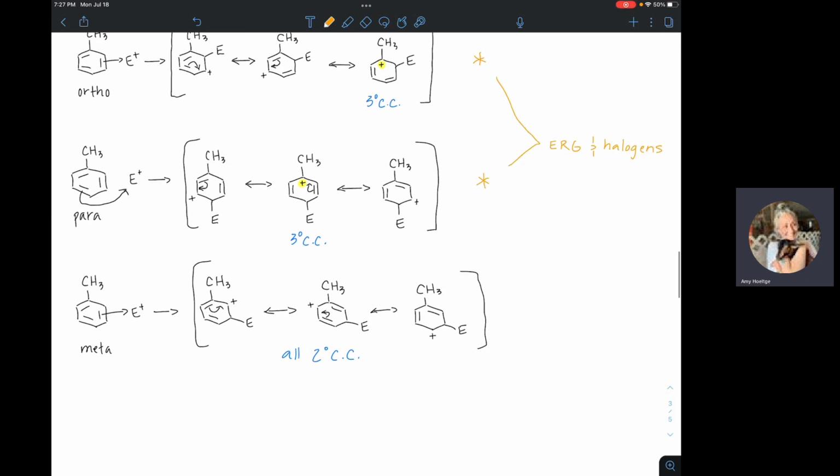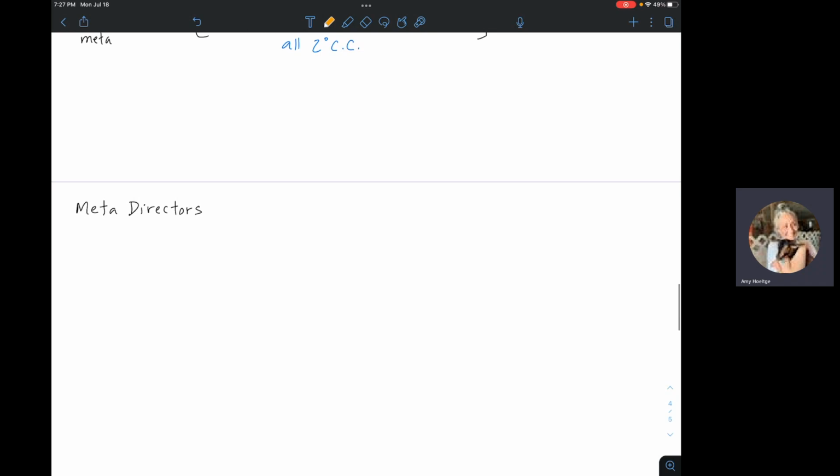If you have electron withdrawing groups, like the nitro group or some acyl group attached to the ring, you're going to direct to the meta position primarily. So we'll just use the best electron withdrawing group. This is where it's helpful to remember there's a positive charge on that nitrogen if you draw out the structure.